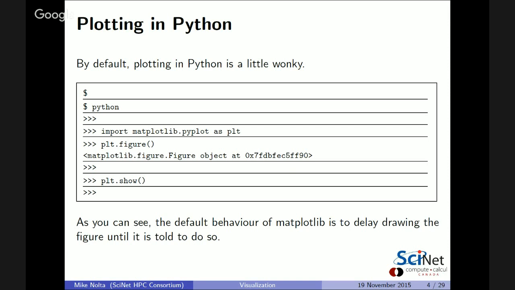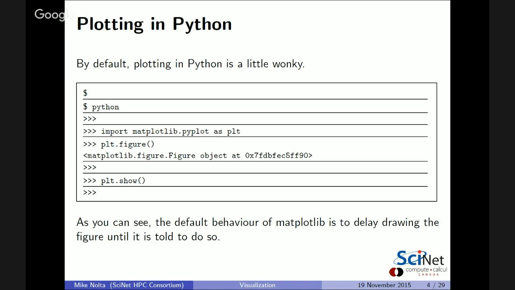Normally, if you just type python and use Matplotlib, it won't show anything until you actually tell it to show you something. So in normal Python, you'll essentially be in script mode. It won't show anything until you call the function show. When you call this function, it will pop up a window and block until you dismiss the window.